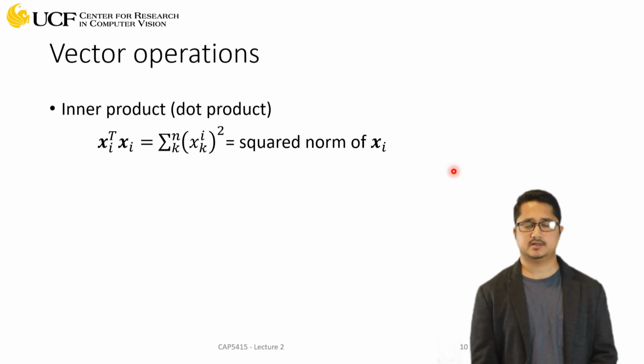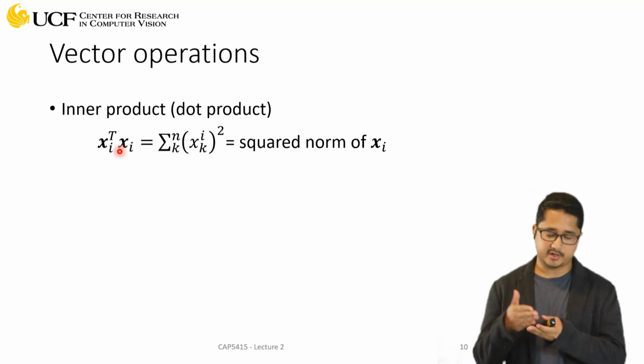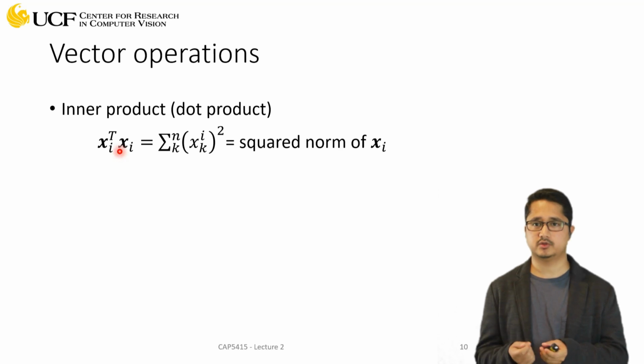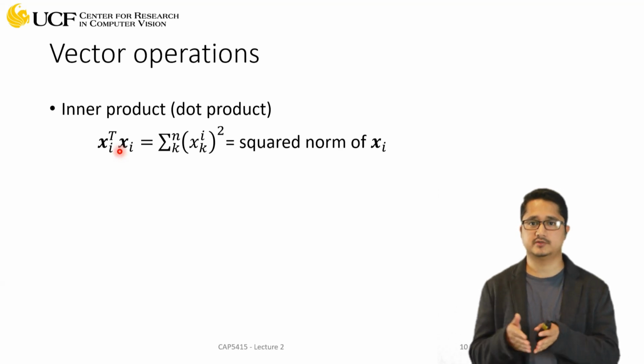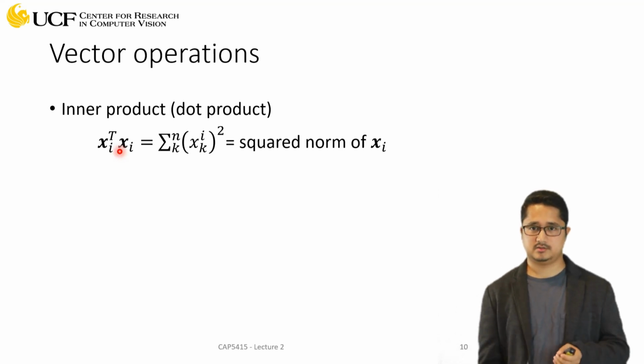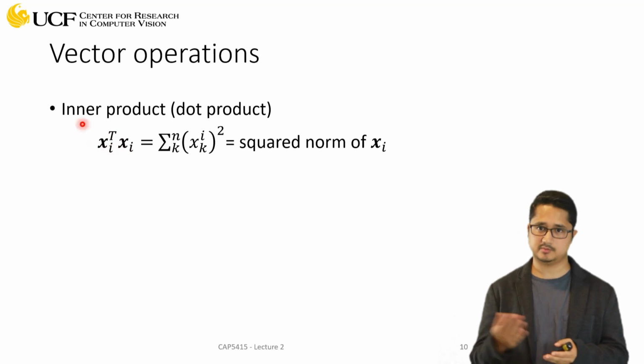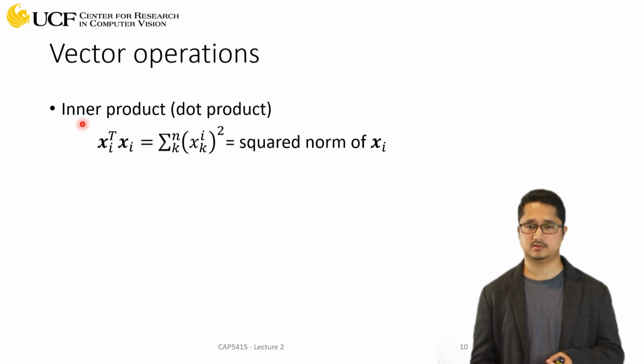Now, if you think about this, instead of operating on two different vectors, you can also compute the dot product or inner product of the same vector, right? So let's say your vector was xi, and then what you can do is you can transpose it and compute element-wise multiplication and just add those values.